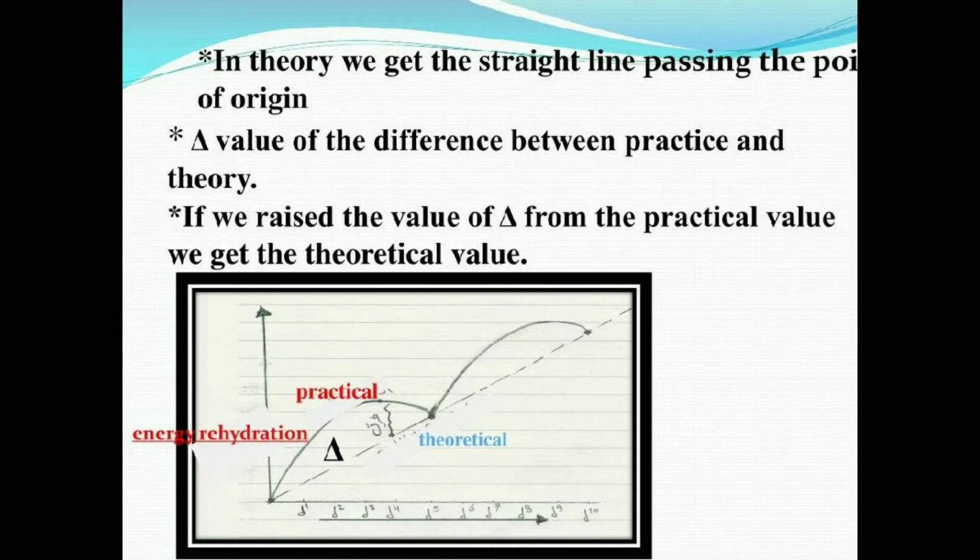So this is how the growth of the value of delta is shown in the practical way. So the difference is there between the theoretical concept and the practical value.